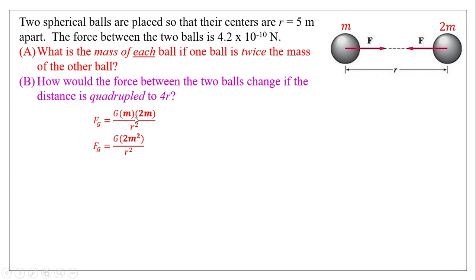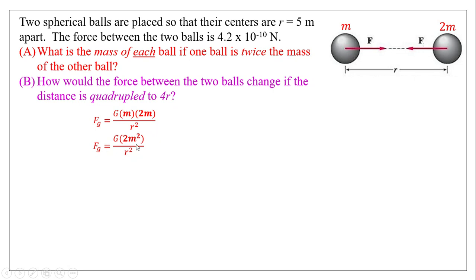The common error is that folks might think m plus 2m. That's a mistake. This is m times 2m, therefore it makes 2m squared. M times m is m squared, and then the 2 coefficient remains. So I kept the G in the front, I simplified m times 2m to 2m squared, and the denominator remains the same as r squared.